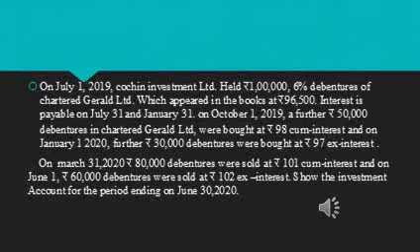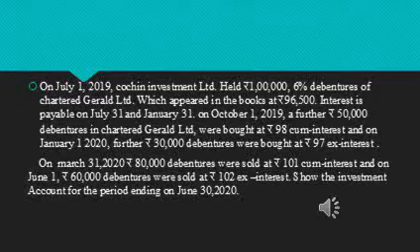On October 1, 2019, a further rupees 50,000 debentures in Charter Jural Limited were bought at rupees 98 cum interest, and on January 1, 2020, a further rupees 30,000 debentures were bought at rupees 97 ex interest.